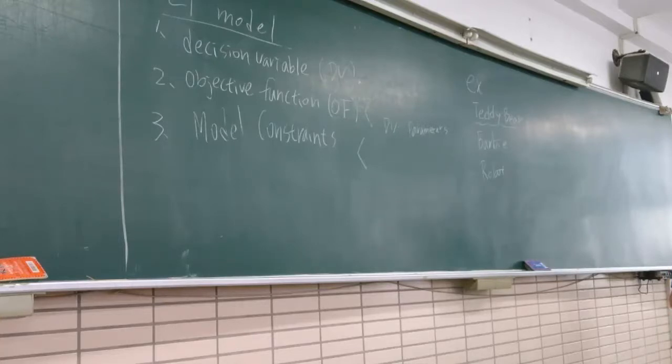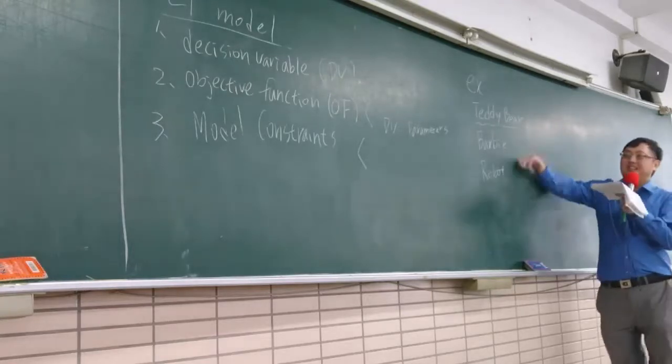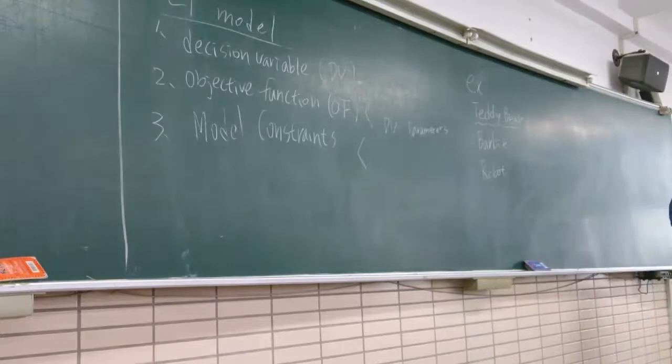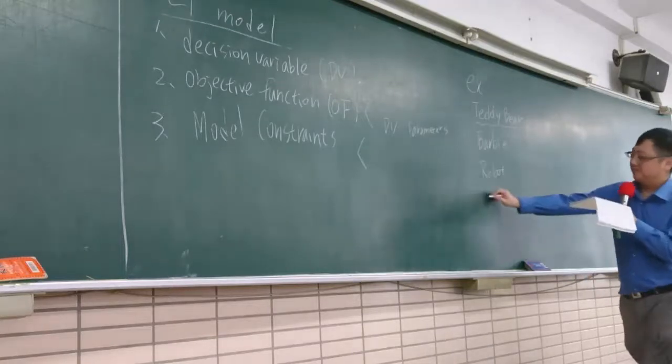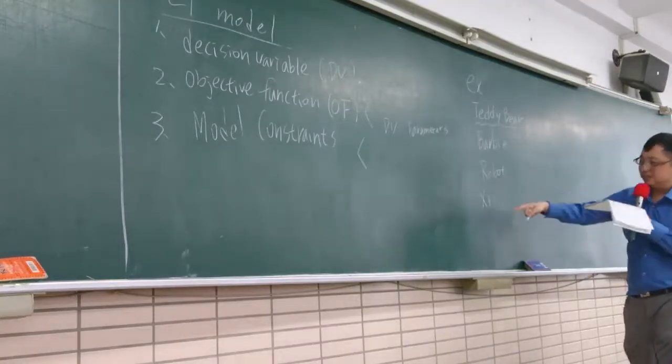If the manager tells you, we have to decide how much of each product line to produce to maximize profit. What is the decision variable? X1. How to define?